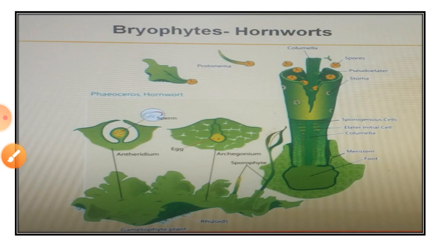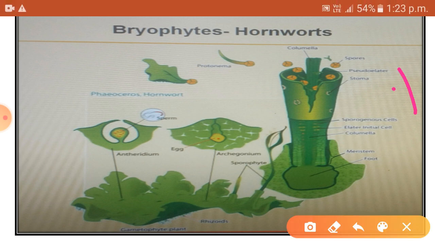Let's see the sexual reproduction and the life cycle of hornworts. We will start from the germinating spores. Here the spore germinates into a small thallus called protonema. The protonema then grows into an adult thallus.